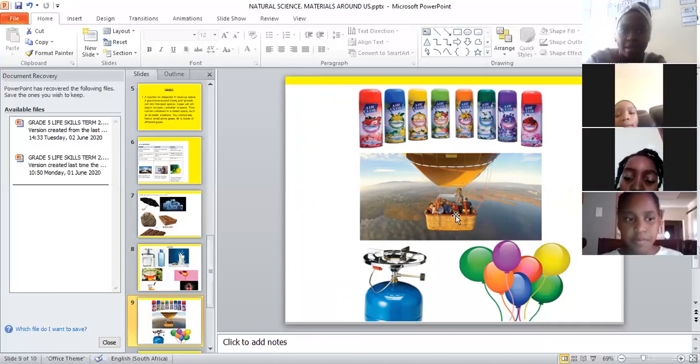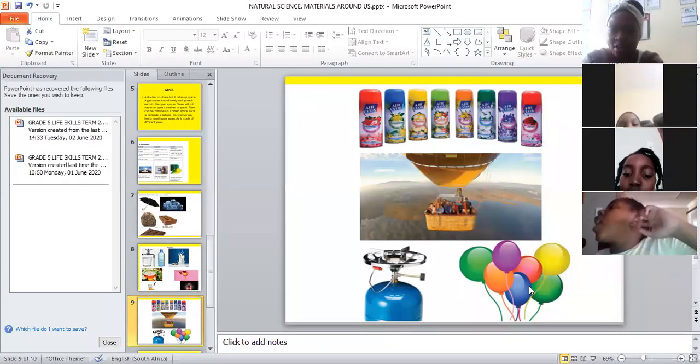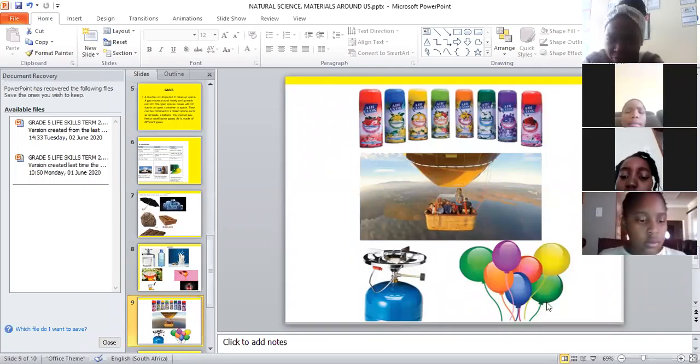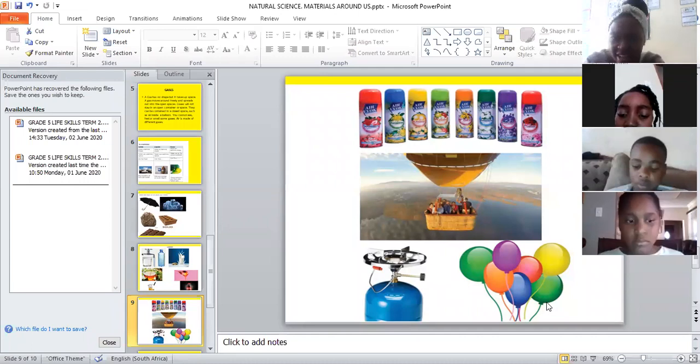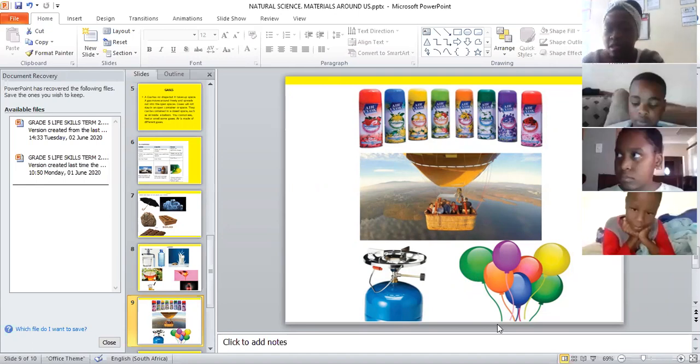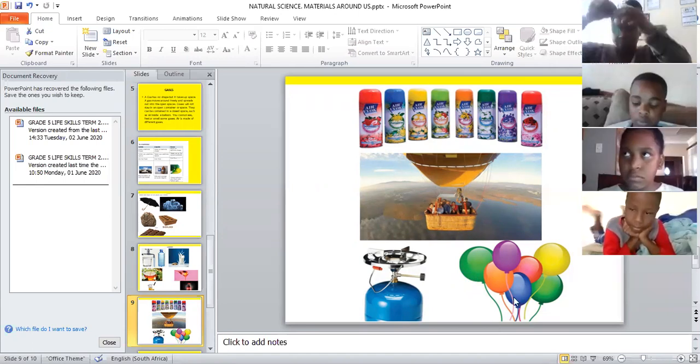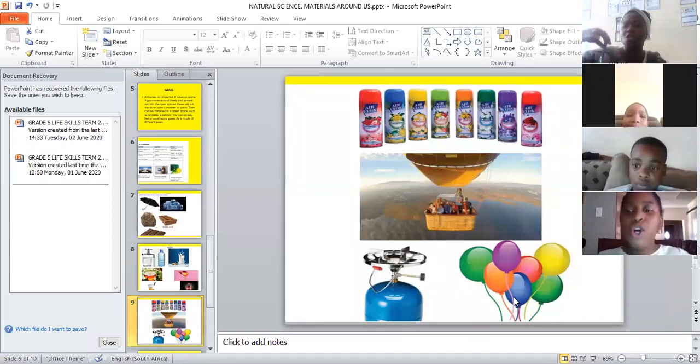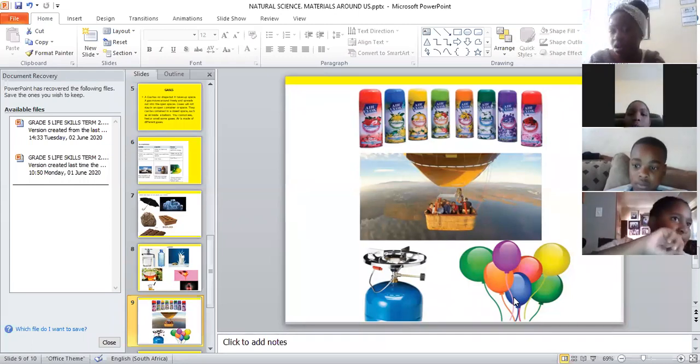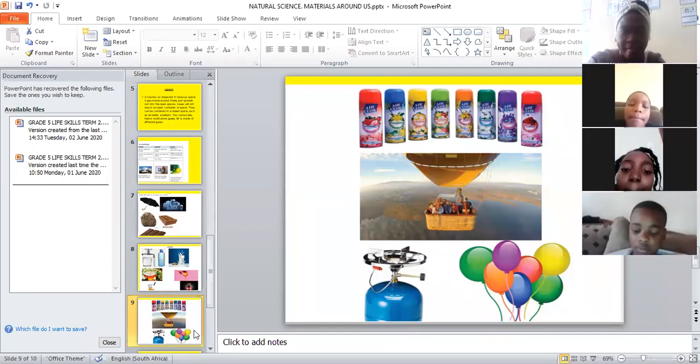And then a heater, a lighter. It's a gas tank. This one is also a heater. And the last ones, balloons. Yes, they also contain gas.